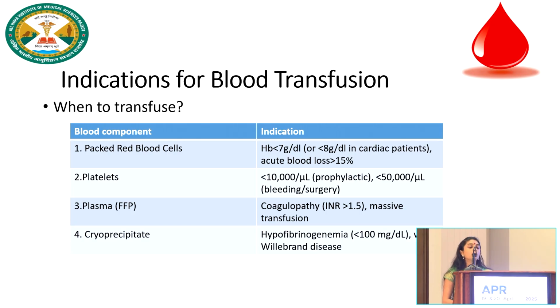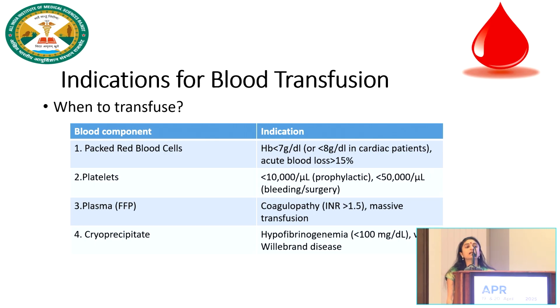When we are talking about platelets, less than 10,000 per microliter is advised prophylactically, irrespective of any bleeding diathesis. Less than 50,000 in case of any surgical procedures or bleeding.